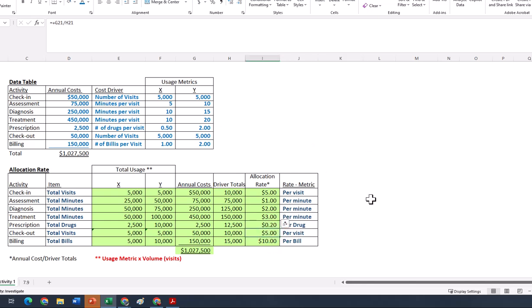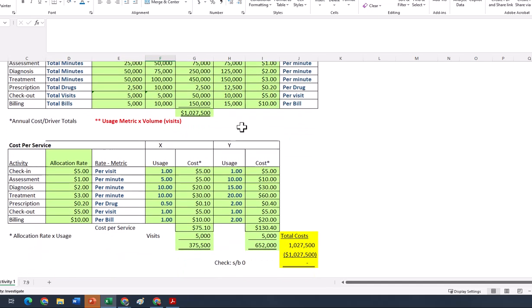Not the cost of the drug, but the prescription. And it's $5 per visit for checking out, and it's $10 per bill. Okay, so we've taken the cost of providing that service divided by our driver totals, and we get the allocation. We've also added up our costs here to make sure it ties there because we're good Excel modelers.